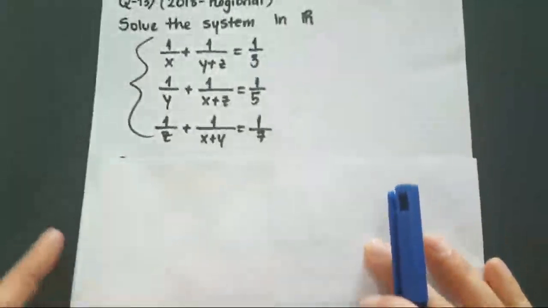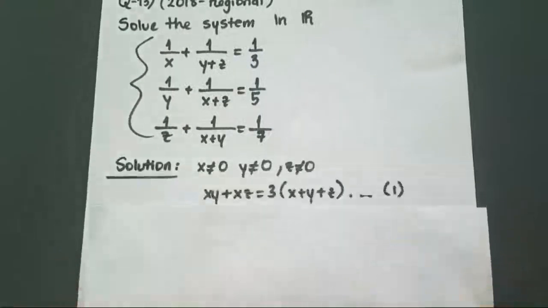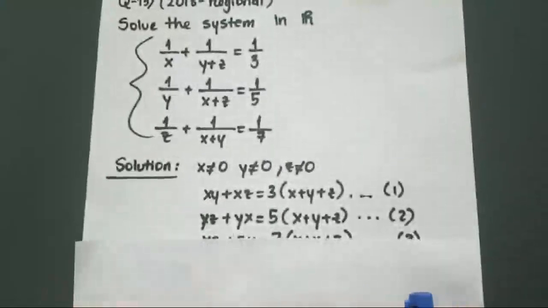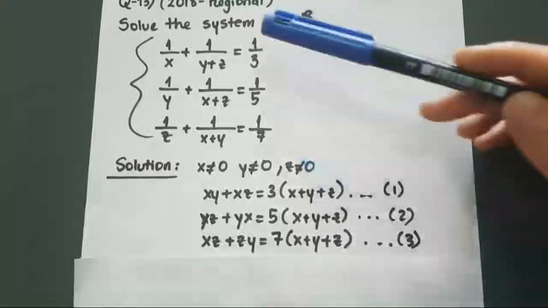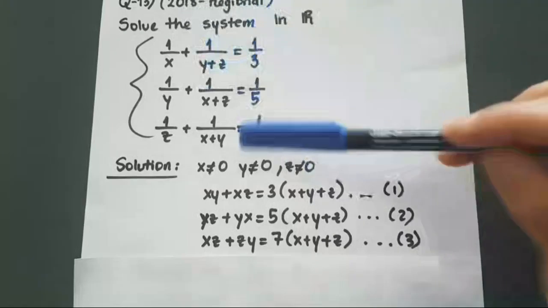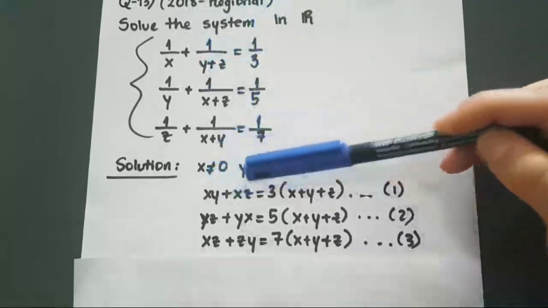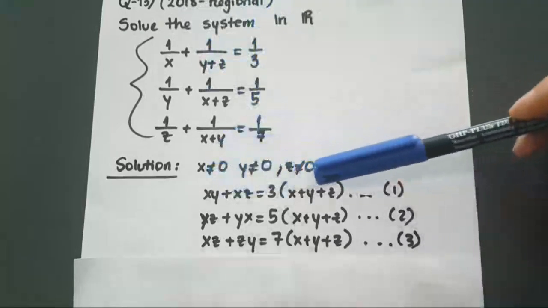I told you you should get a common denominator, then multiply them. From the first one, if I apply the steps I have mentioned, I will get xy plus xz is equal to 3 times x plus y plus z.